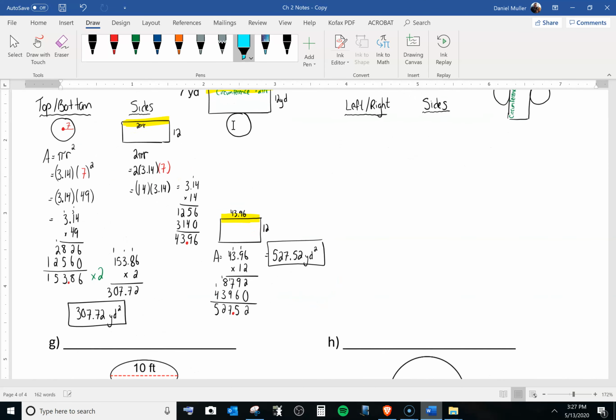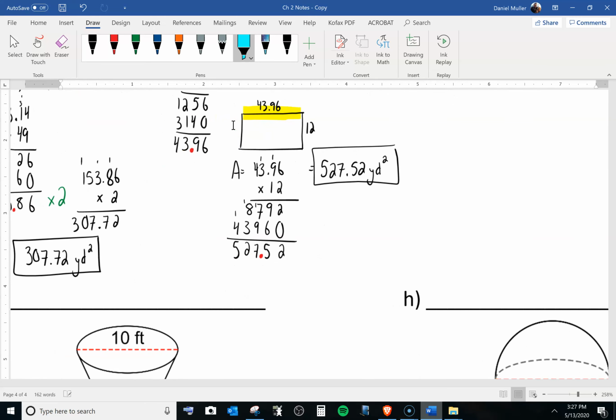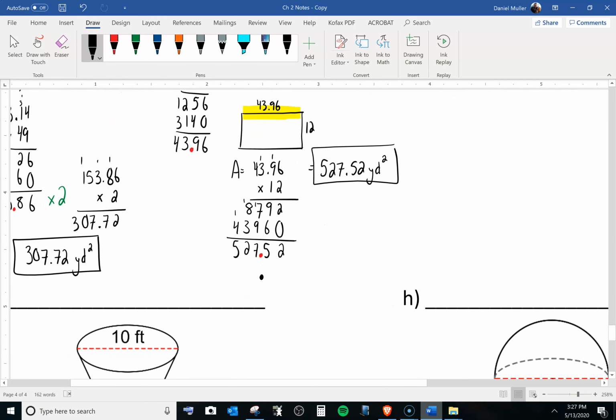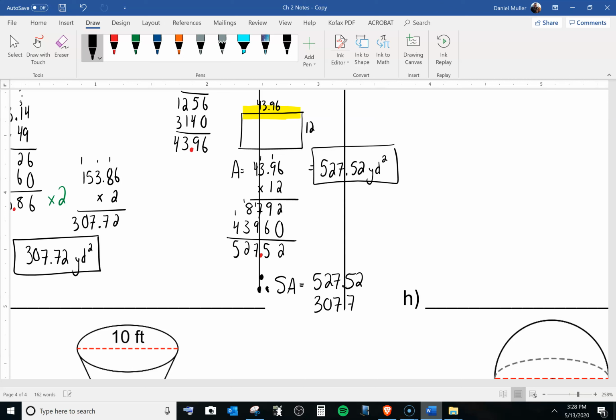I'm running out of room, so I'm going to put a big therefore here. Therefore, the surface area equals 527.52. That's the body, the sides. And then there's the 307.72. That's my top and my bottom.